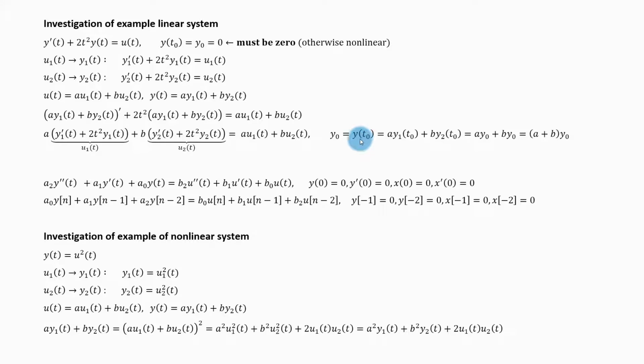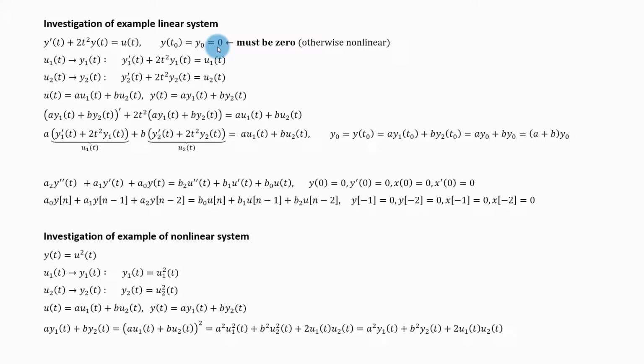But at t0, this is equal to y0, and this is equal to this, which you can write like this. So this is supposed to be equal to this, and for general a and b, this will happen only if y0 is 0, that is, only if this initial condition is 0.